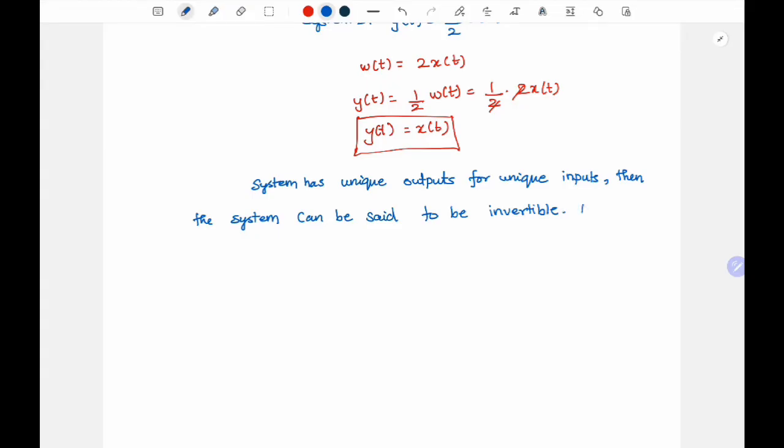In other words, the mapping should be 1-to-1.